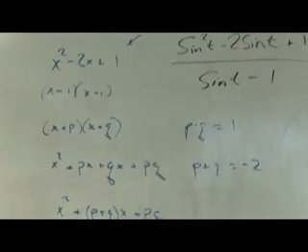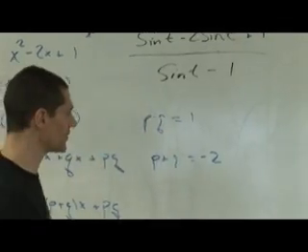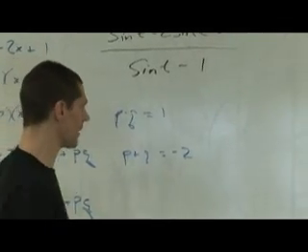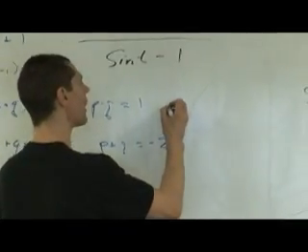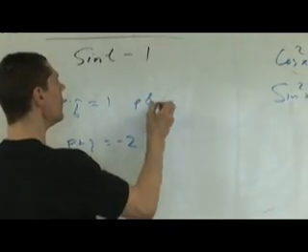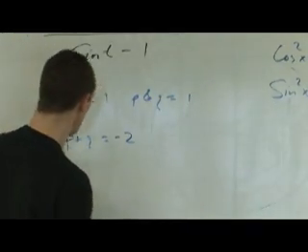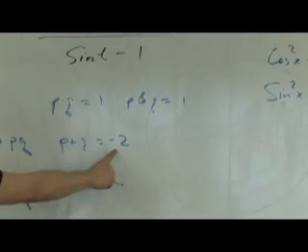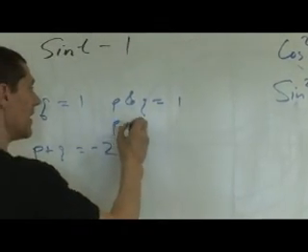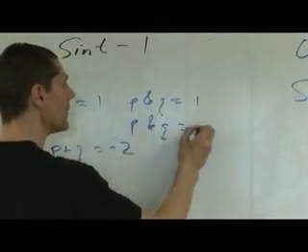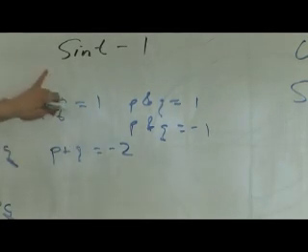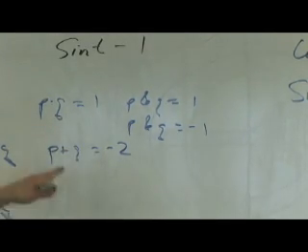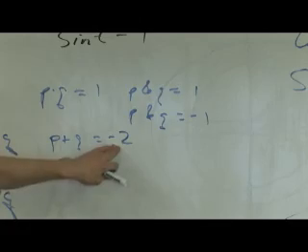Well, so p times q equals 1, assuming these aren't some weird fractions or whatever, the most natural numbers are p and q equal to 1. But then 1 plus 1 equals positive 2. So it must be that p and q both equal negative 1. Negative 1 times negative 1 is positive 1. Negative 1 plus negative 1 is negative 2.